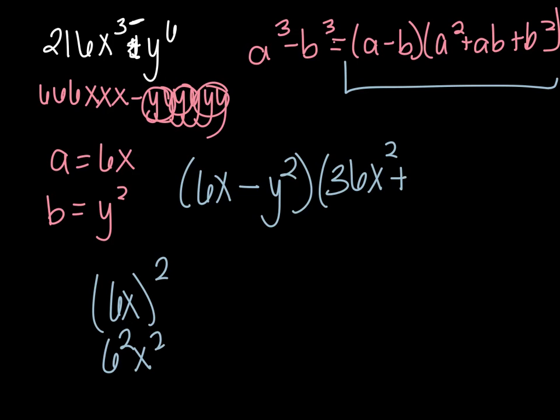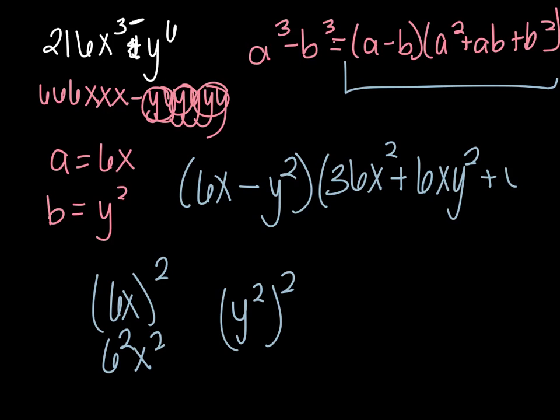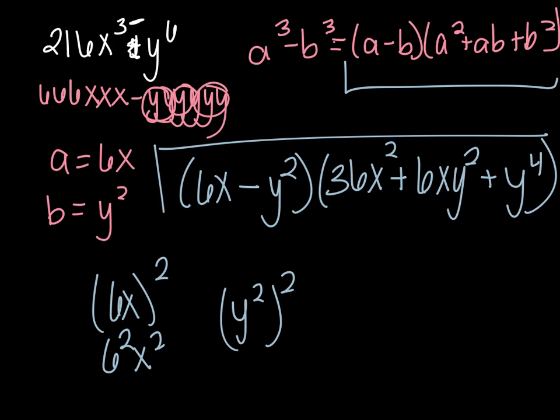Change the sign, multiply, so I have 6xy squared. And the second term, which is y squared, if I was to square that, I would get plus y to the 4th. So that's how I would factor 216x to the 3rd minus y to the 6th.